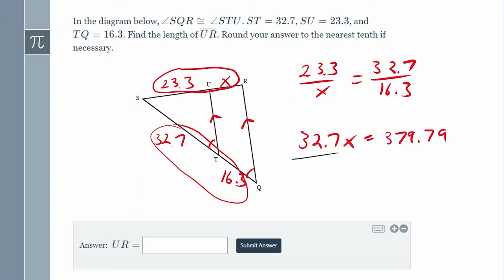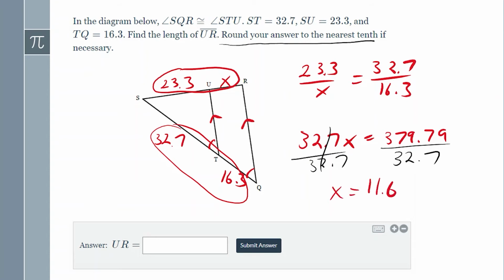And we're just going to divide by 32.7. Now this is probably going to give us a decimal answer, and it says round your answer to the nearest tenth. Okay, so 379.79 divided by 32.7 gets us 11.6 when we round to the nearest tenth.